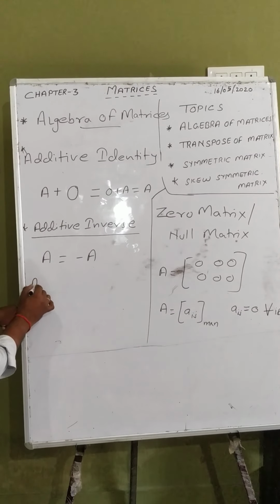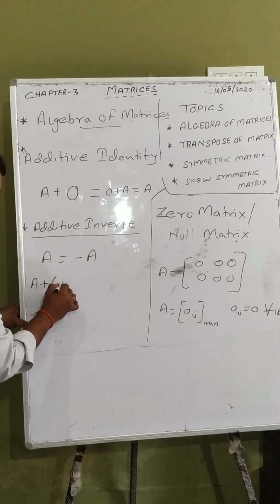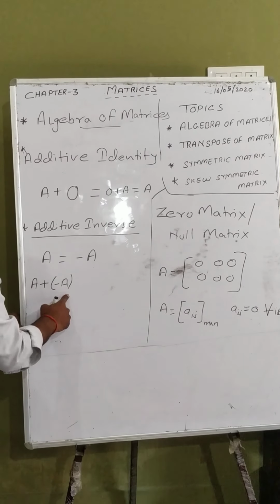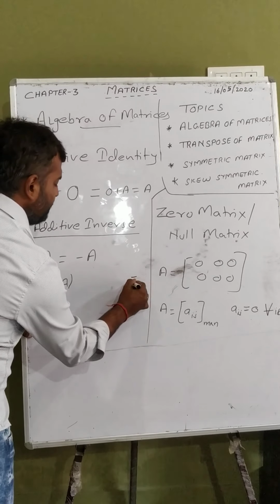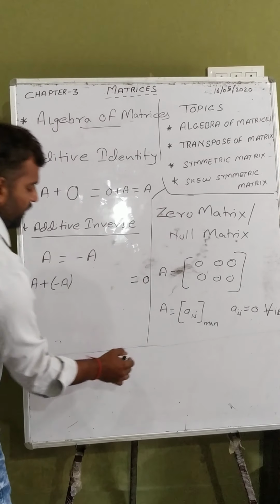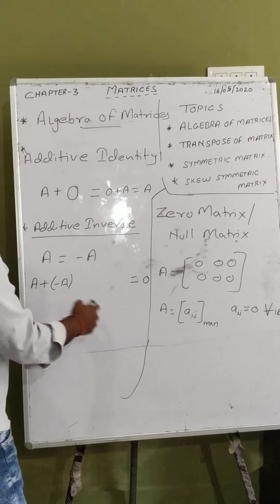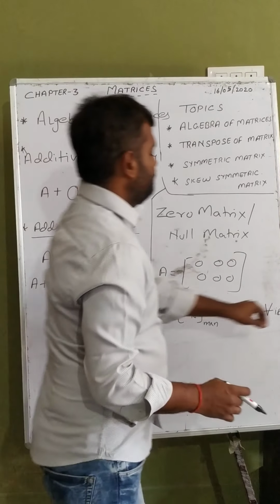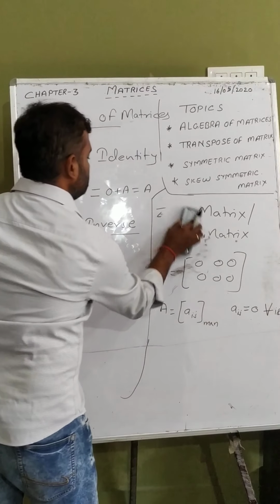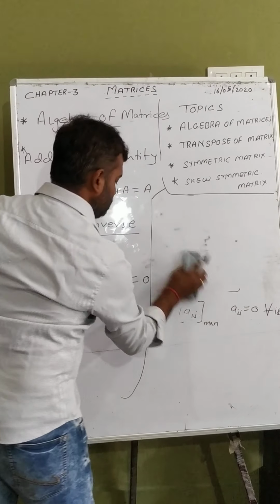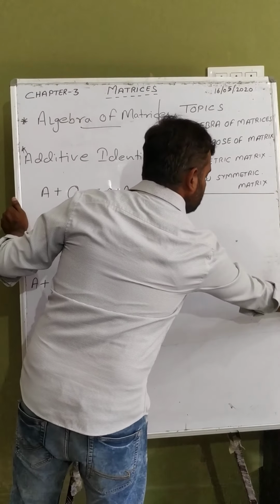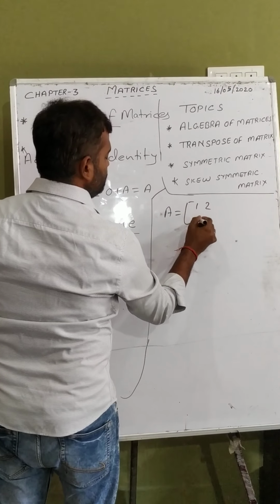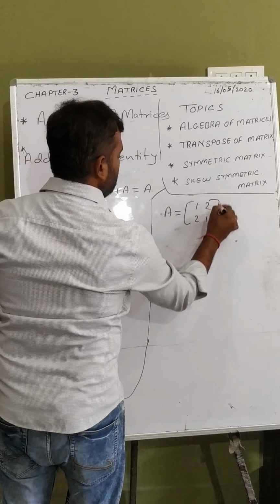Then we can say A plus minus A will be equal to, let's see. Suppose A is the matrix 1, 2, 2, 1.